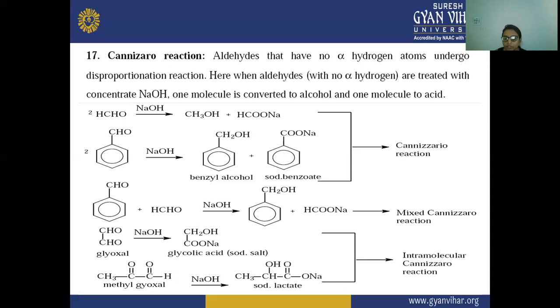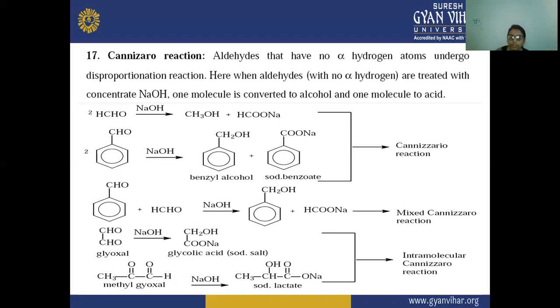So this is your Cannizzaro reaction, and the next reaction is the mixed Cannizzaro reaction. Here you have benzaldehyde and formaldehyde, treated in the presence of strong concentrated NaOH, and there is a formation of alcohol as well as carboxylic acid.